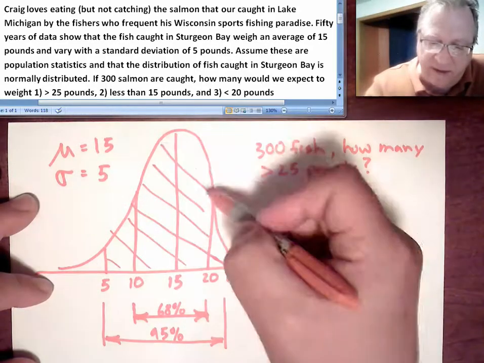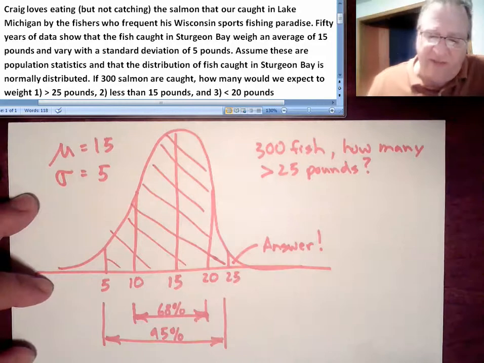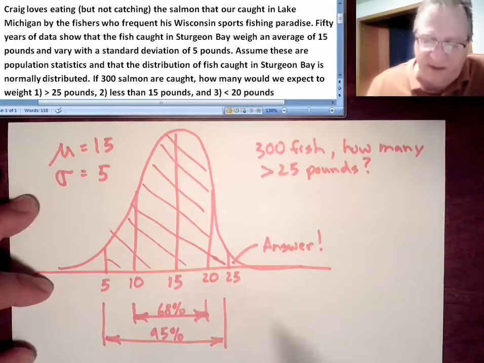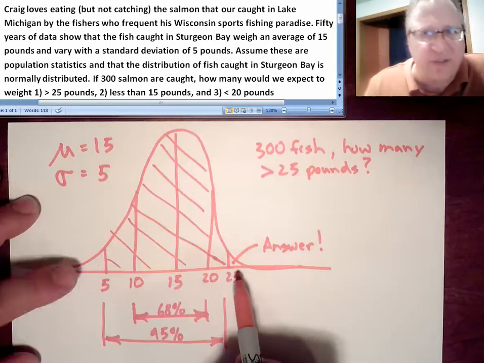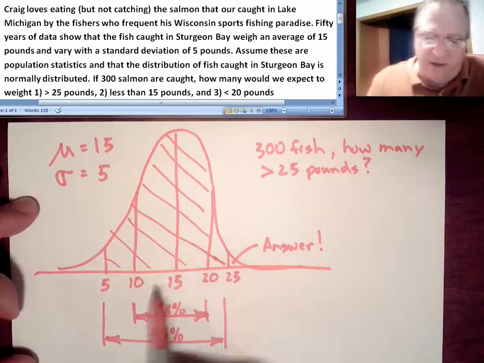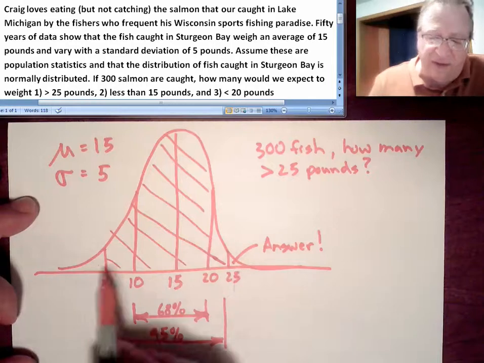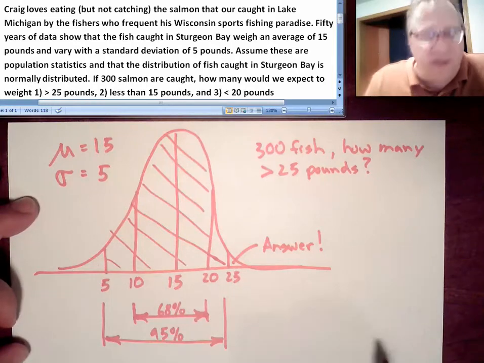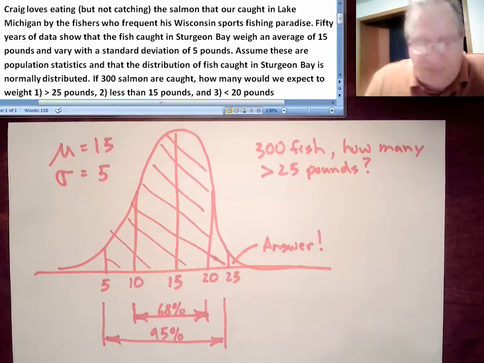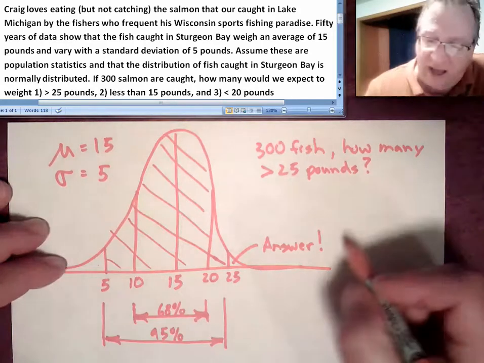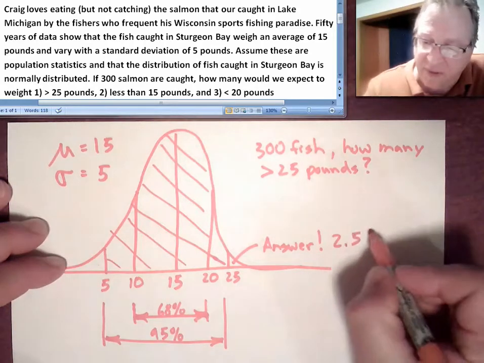So if that's 95%, how much is in that little corner plus this little corner? Well, if the rest is 95, those two areas sum to 5%, and since everything is symmetric in the normal distribution, the bell curve, those each have to be 2.5%. Ah, there's our answer. Quiet, Barney.